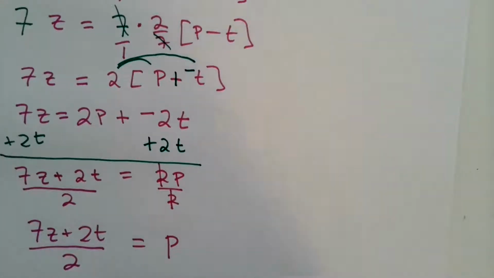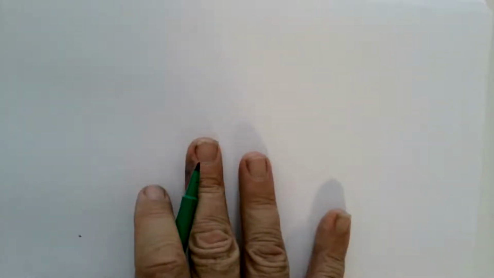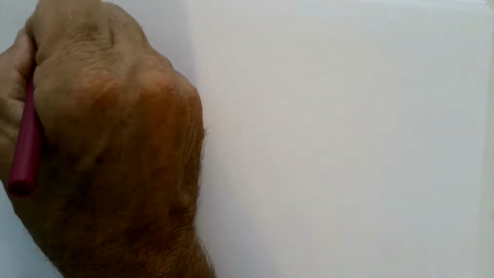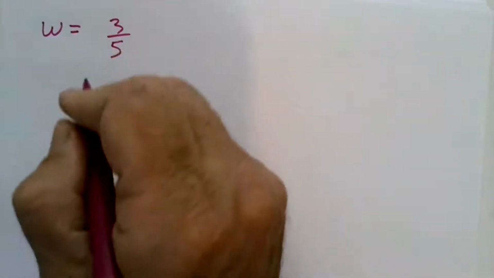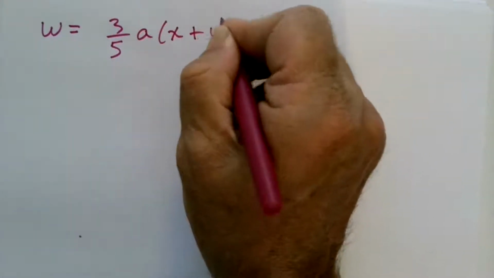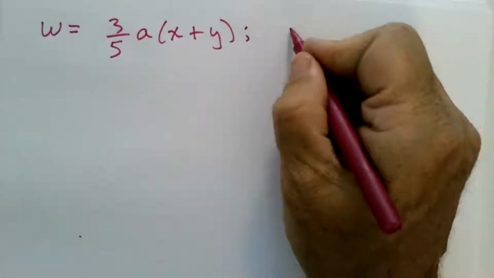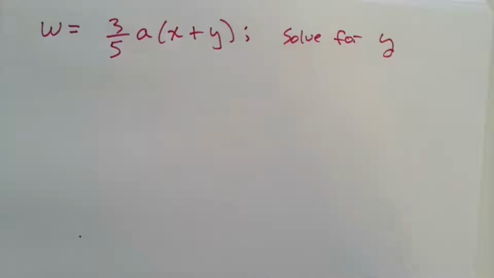All right, let's do another one in that world. Maybe a few more letters this time. Let's say W equals 3/5 A times X plus Y, and our goal here is going to be to solve for Y. Our process is going to be the same.